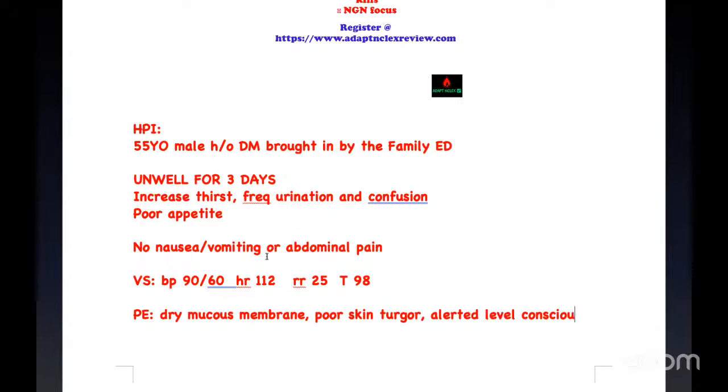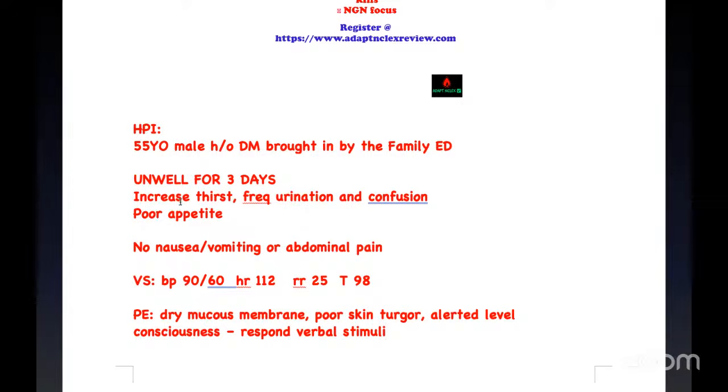Does that give you a clue what is going on with this patient? All he does is respond to verbal stimuli. What do you think is going on with this patient? This is the patient you're dealing with.